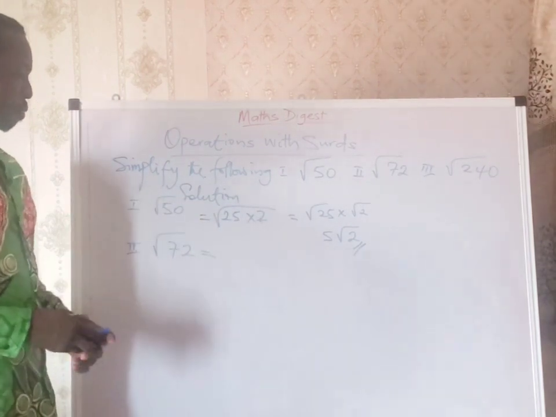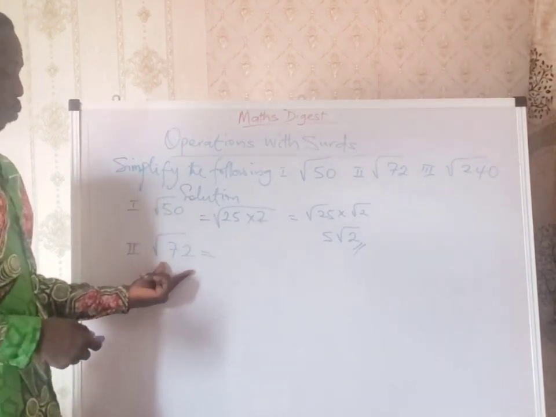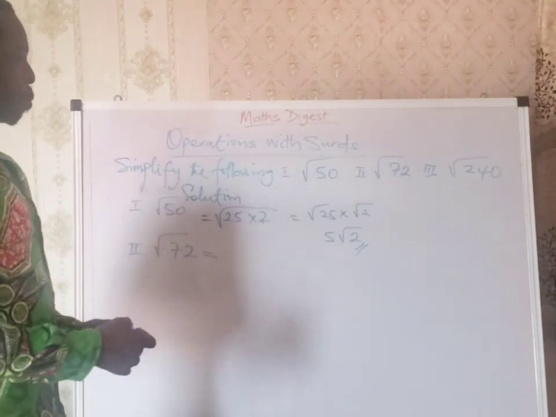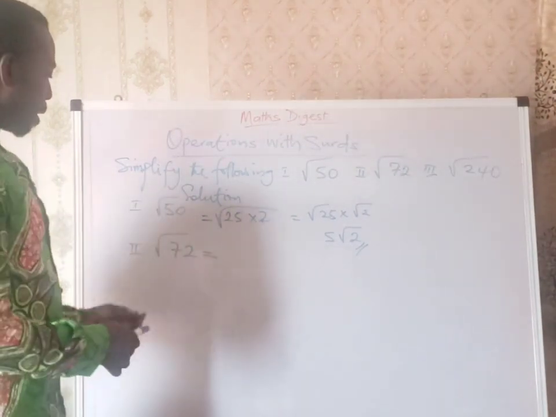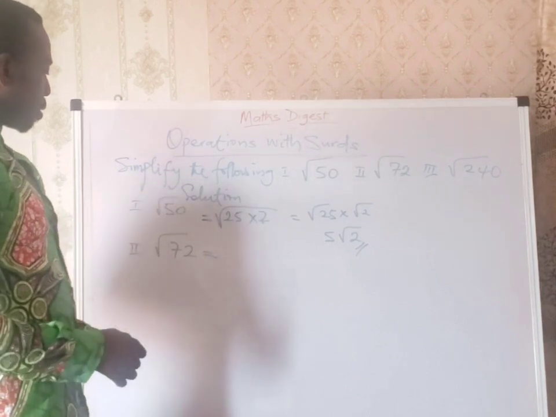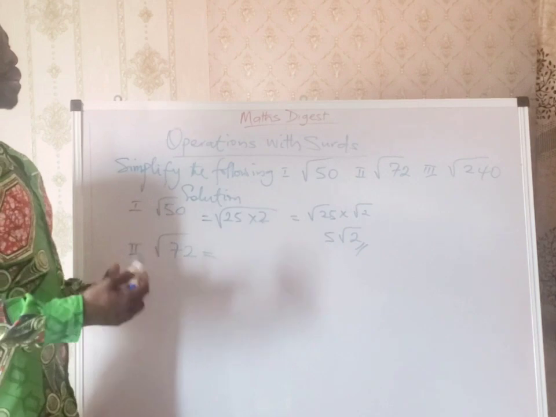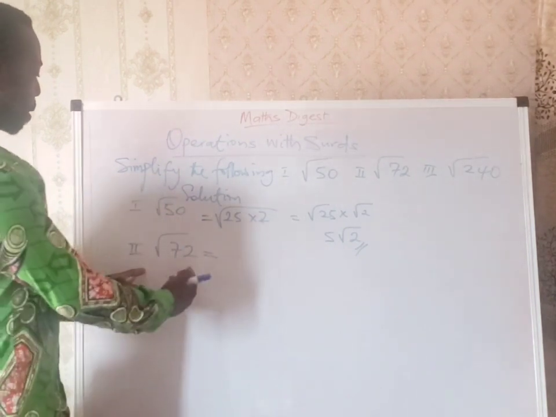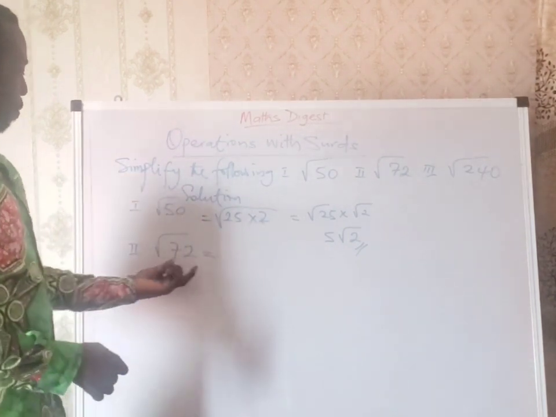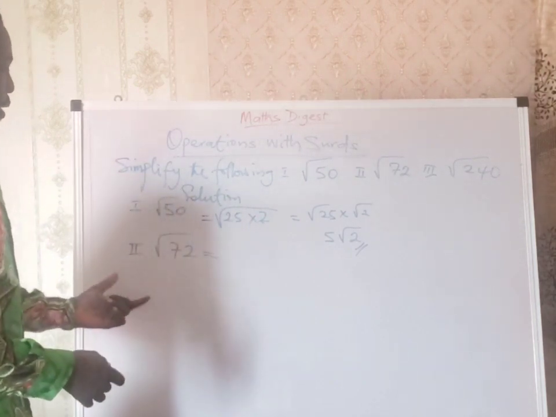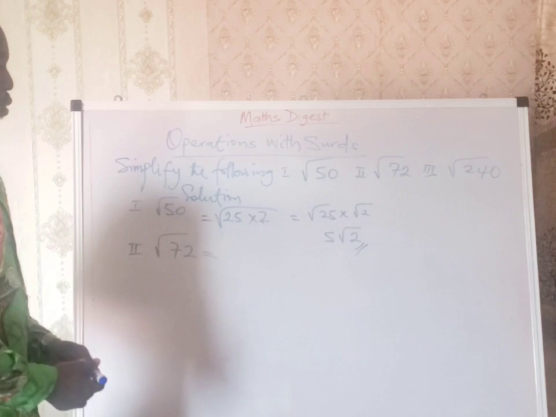What you do is break this down little by little. Instead of thinking about a bigger number that can be a divisor of 72, I would rather start with little numbers that I know.